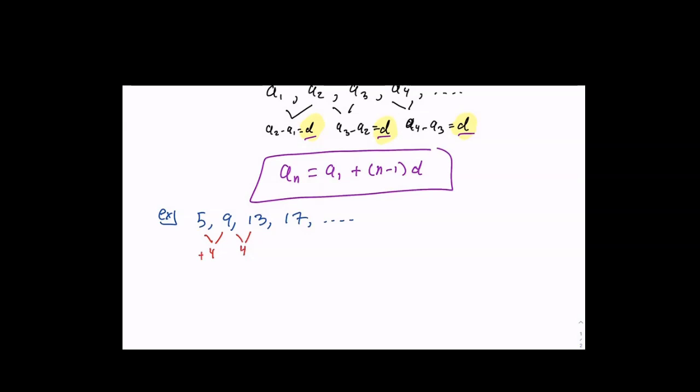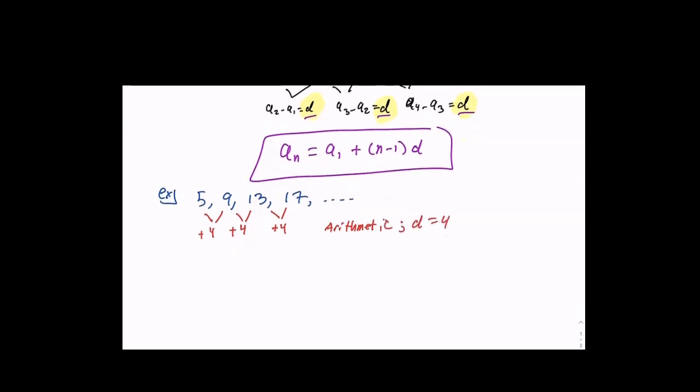I get plus 4, plus 4, plus 4. So that tells me it is arithmetic, with D equals 4. And therefore, my sequence is what? How do I write this arithmetic sequence? Can somebody help me out, please?